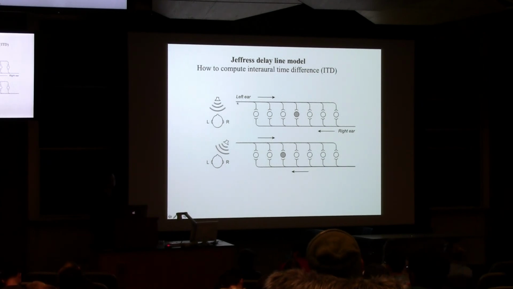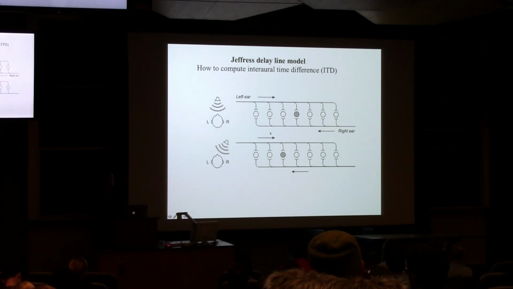The idea is that you have an axon from your left ear, and it sends different branches to a bunch of detectors at different spatial locations. So when the signal from your left ear goes, it first drives this cell, and then that, and then that, at different times. From your right ear, the signal goes in the opposite direction.